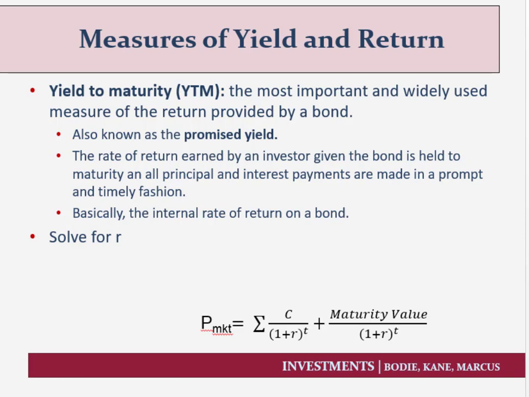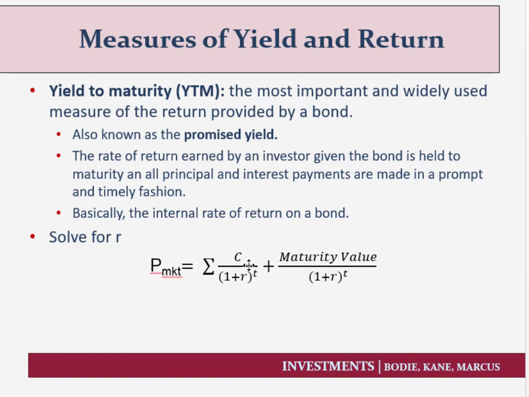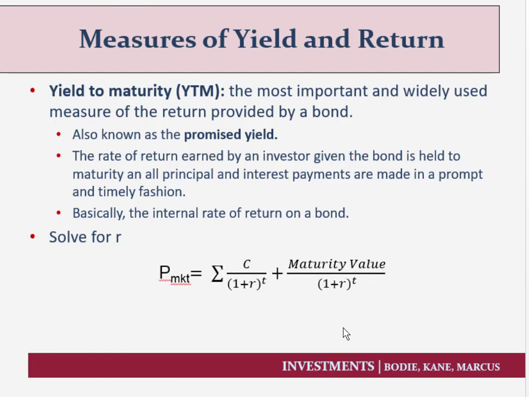So in our formula, we change our formula for valuation, and we put the market price in the beginning, so we know the market price, and now we're going to solve for these R's. So it's a much more complicated process, but a computer helps us do this quite nicely.